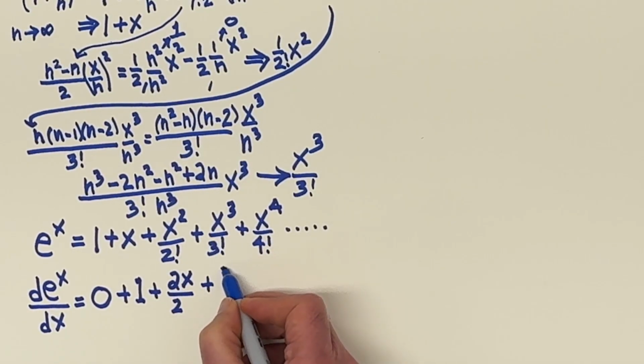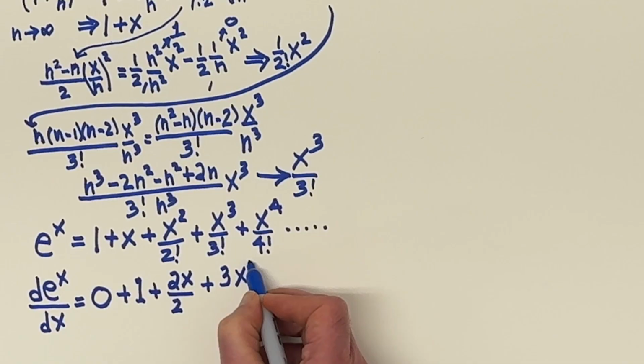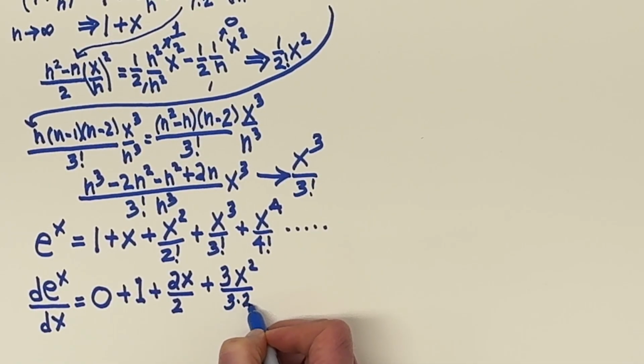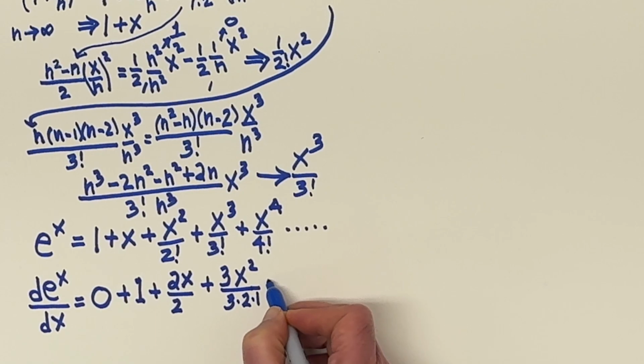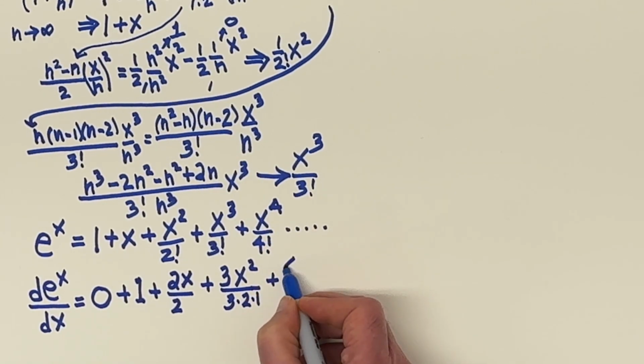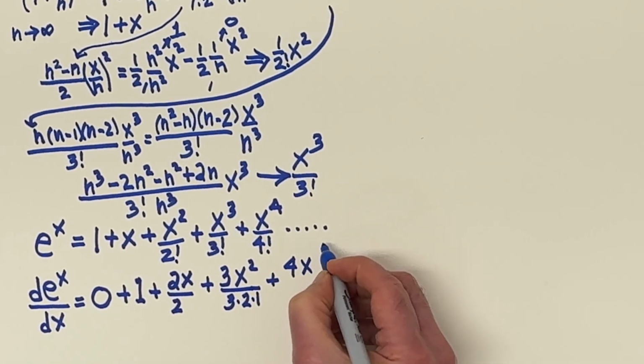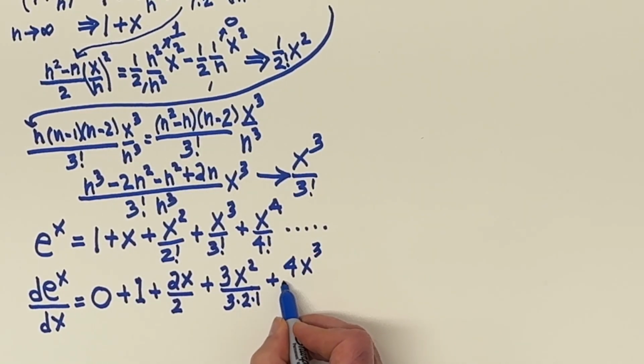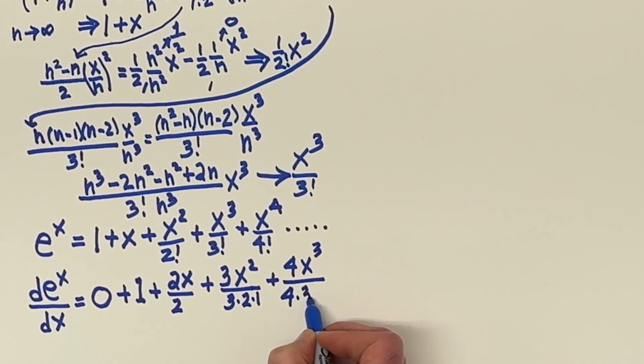Then here I'll pull the 3 down and have x squared over 3 factorial, 3 times 2 times 1. And then over here I'll bring the 4 down, I'll have x cubed. You drop 1 power when you take the derivative. And that's going to be 4 times 3 times 2 times 1, because that's 4 factorial.